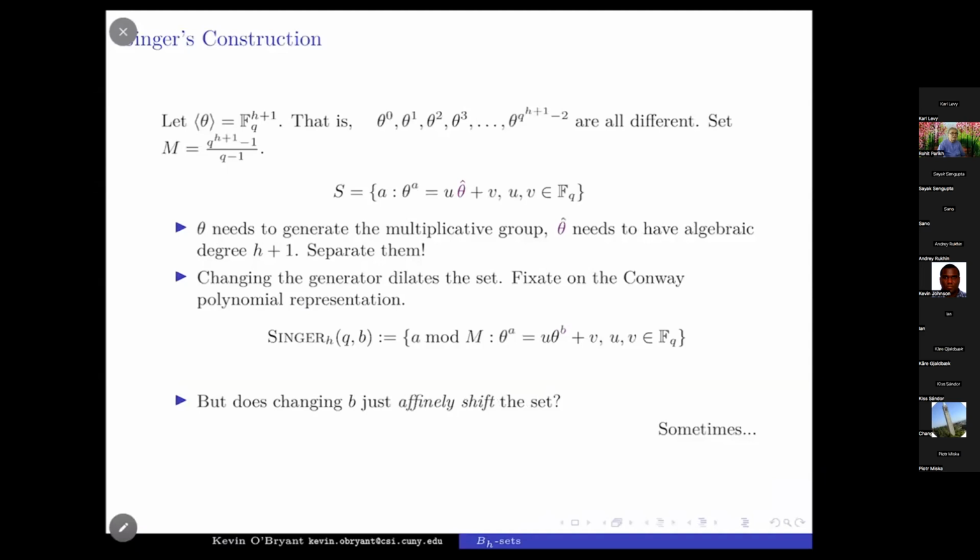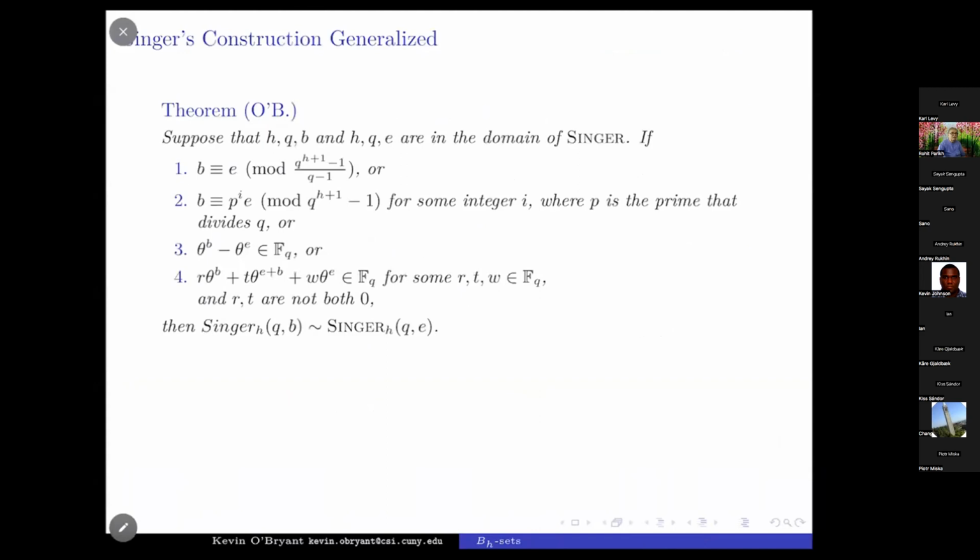So here is a theorem from the fall. This is published in the Journal of Integer Sequences with some other stuff. If H, Q, B is in this domain of the Singer set thing, right? So H is a positive integer, Q is a prime power, and theta to the B, where the theta comes from the Conway representation of the finite field F_{q^{h+1}}, has degree h+1.